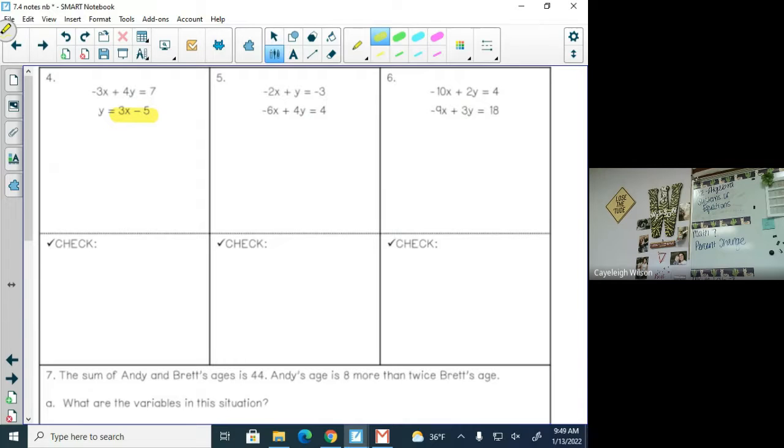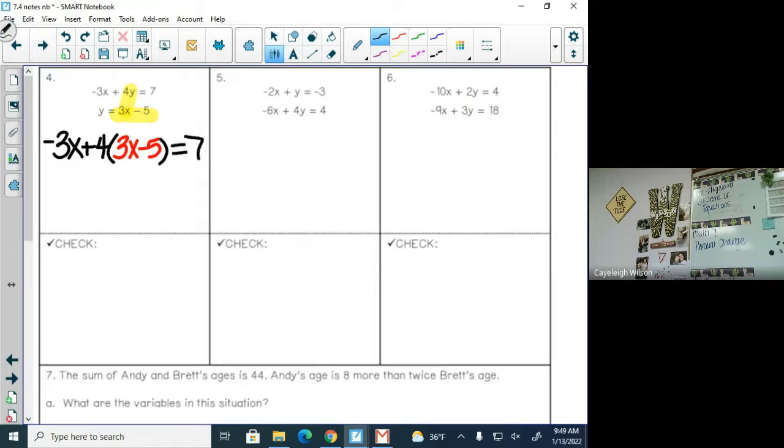That's the y equals, which means it goes into the other equation for y. So that means that I have negative 3x plus 4, and then that y is substituting out, and this y is substituting in.